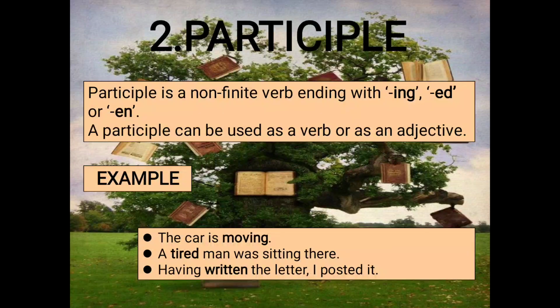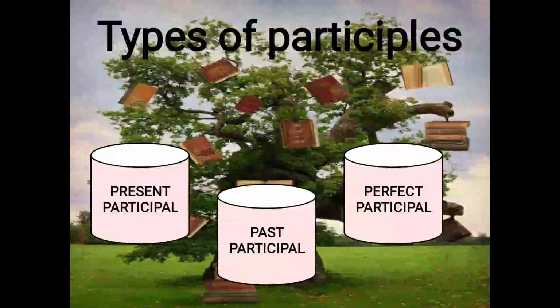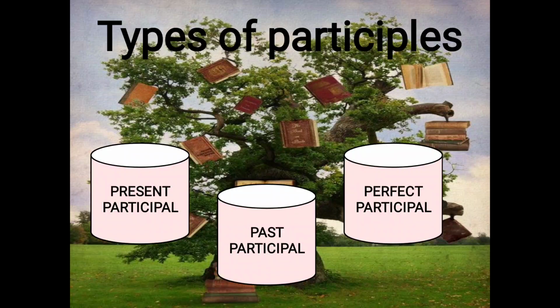A tired man was sitting there. Having written the letter, I posted it. We use moving, tired, and written as participle. Types of participle: three types: present participle, past participle, and perfect participle.